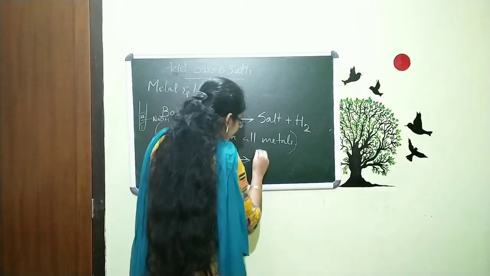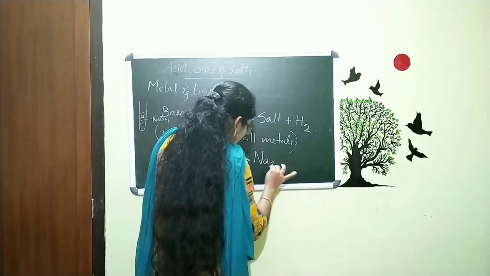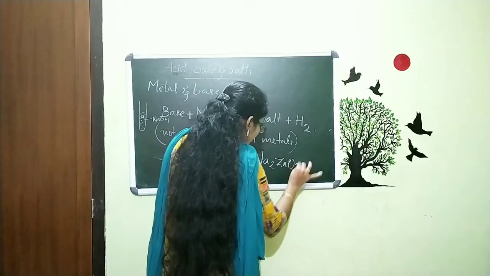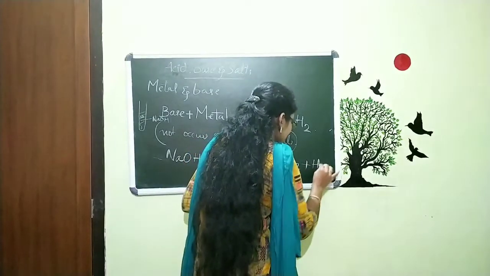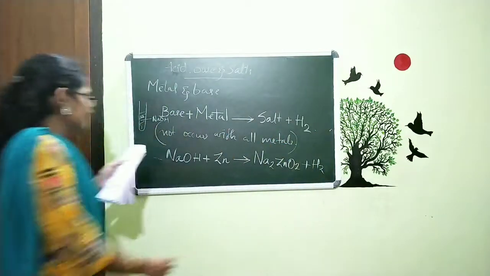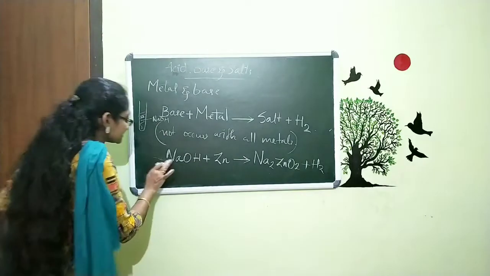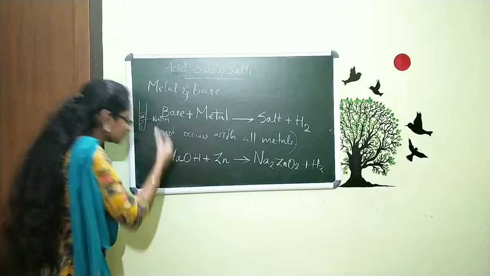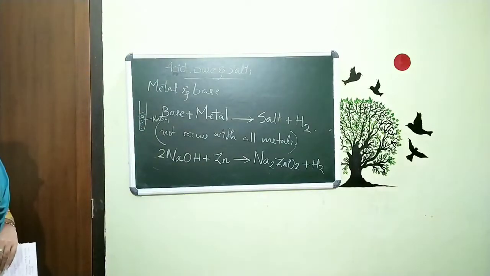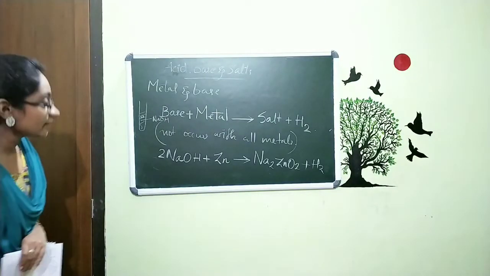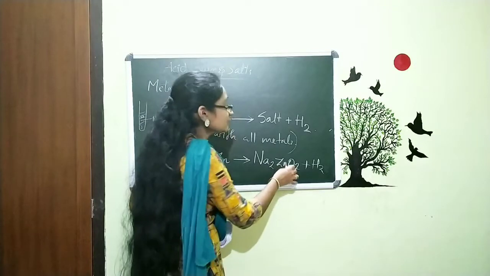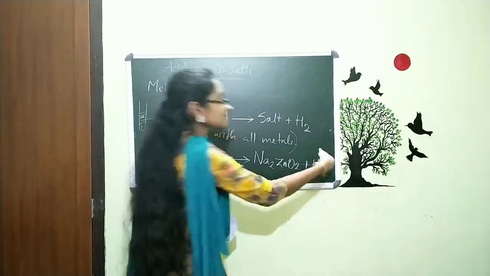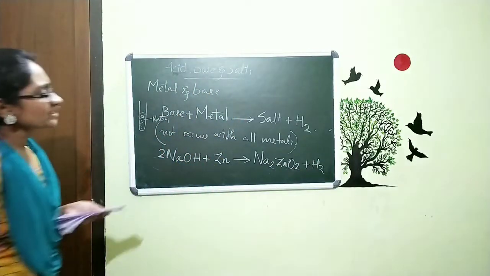The salt is Na2ZnO2. This is something new for you. Plus the hydrogen gas. When you observe, this equation is unbalanced and for balancing it we need a 2 here. So the equation is 2NaOH plus Zn gives Na2ZnO2 plus H2.